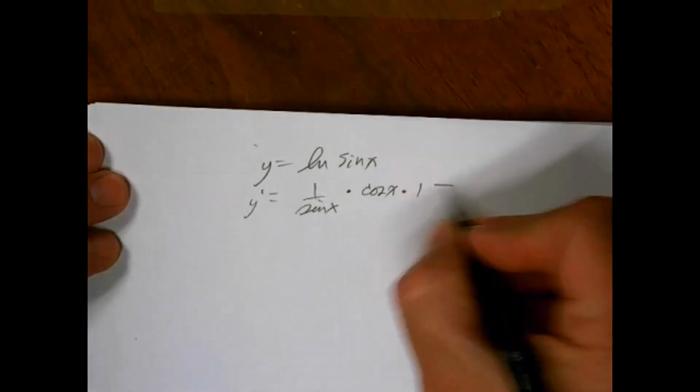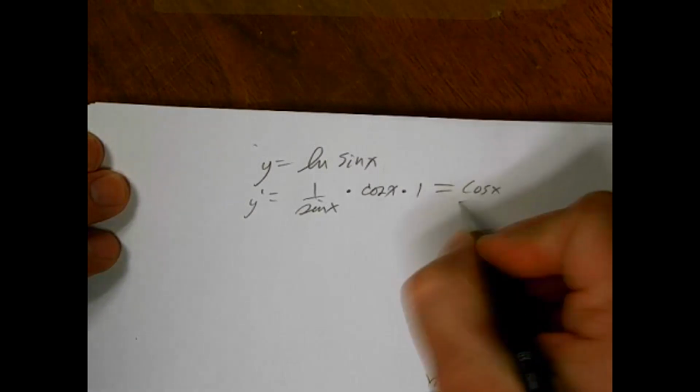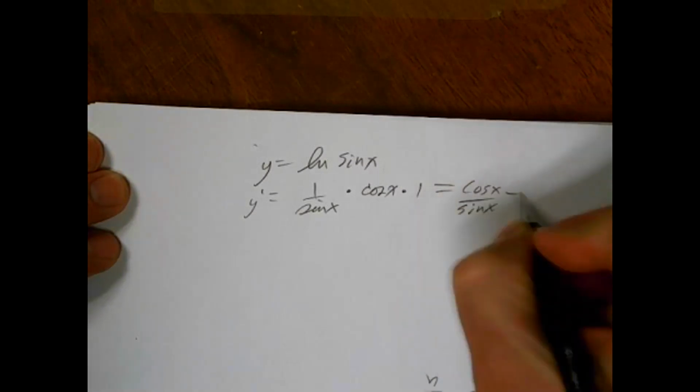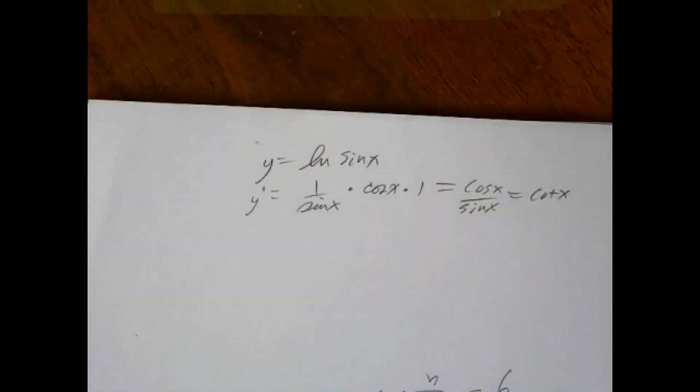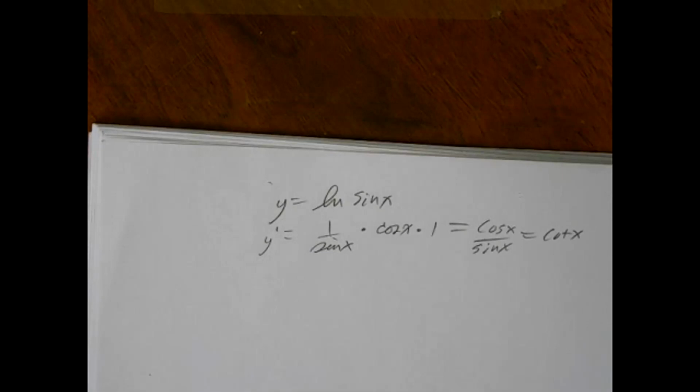And moving, technically speaking, moving inside one more time, derivative of x is 1. And we'll probably get to the point where we can abandon that 1. But simplifying a little bit, this turns into cosine x over sine of x, which is cotangent of x. And that result is something you should pay attention to because it is useful with other derivatives that we're going to see.